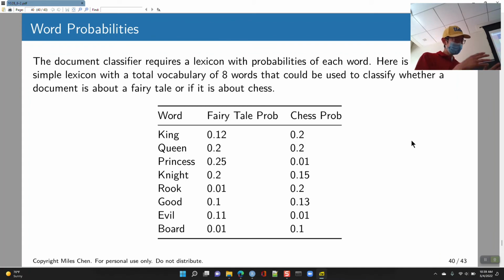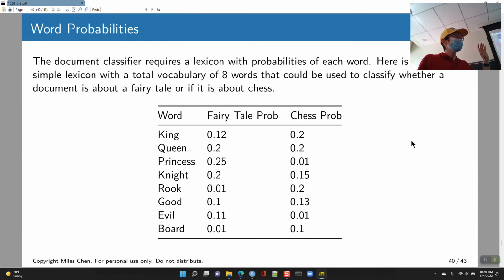But anyway, shortcomings and bad assumptions aside, the way the document classifier works is, first, it requires us to have a lexicon, which is basically a list of all the words that we're going to include in our calculations, and there has to be a probability associated with every single word.